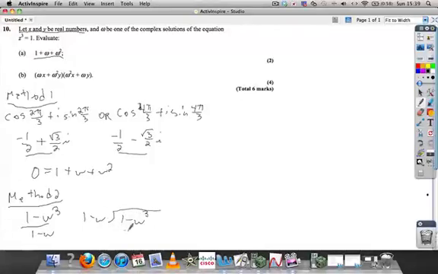When you do the long division, you get no remainder, and you get w squared plus w plus 1. Okay, that tells you that this is a factor, so by the factor theorem we know then that that has to equal 0. So two different ways to think about it.